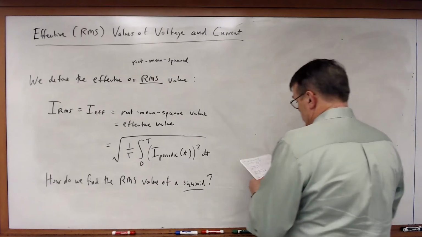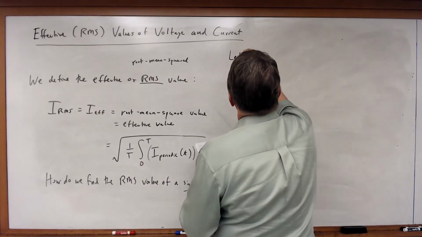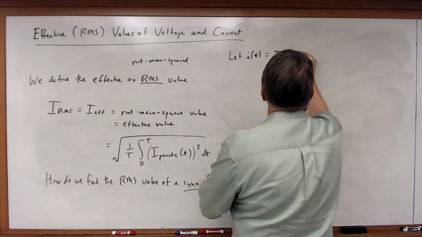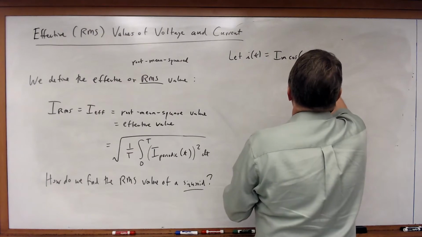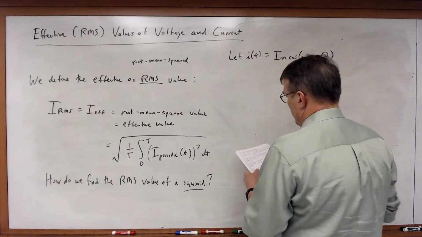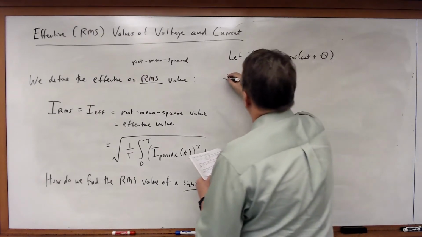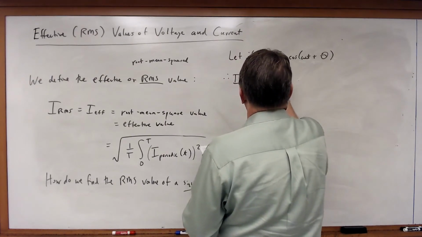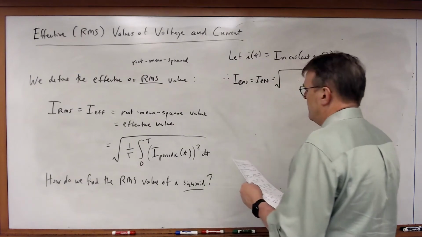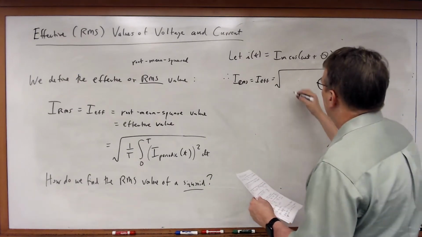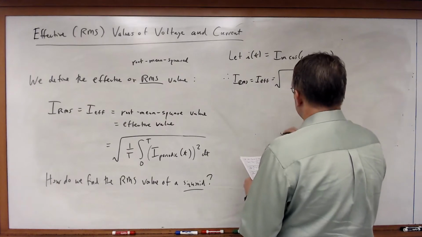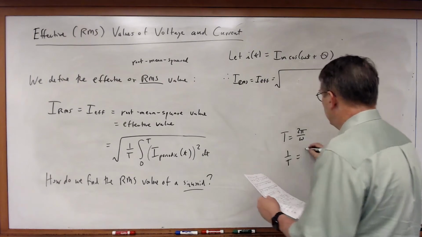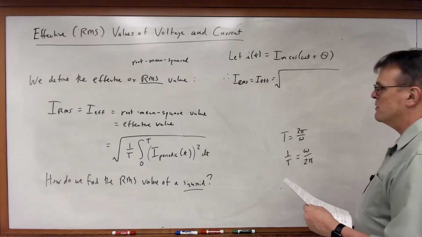Let's assume our current. Let i(t) be equal to Im times cosine of omega t plus theta. And therefore, I RMS or I effective will be equal to the square root of, well, in this case, T is equal to 2 pi over omega, so 1 over T is equal to omega over 2 pi.